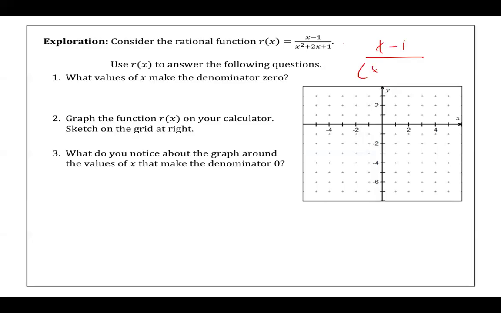It would be x plus 1 times x plus 1, right? Because 1 times 1 is 1, but 1 plus 1 is 2. And that's how it's going to be satisfied. So what values of x makes the denominator equal to 0? Well, that would be x equals -1, right? I would plug that in and see what happens, okay?